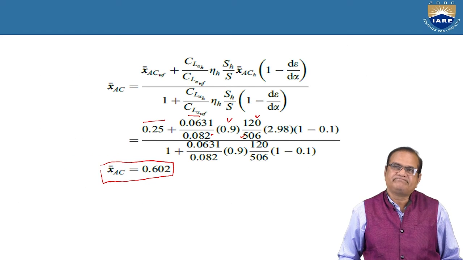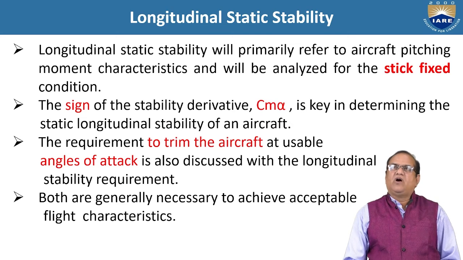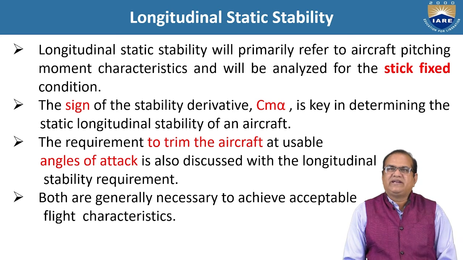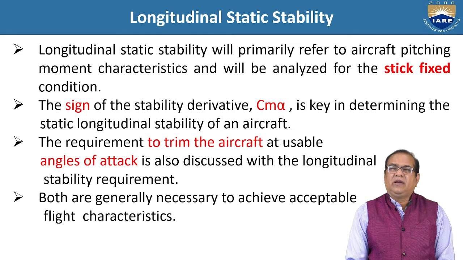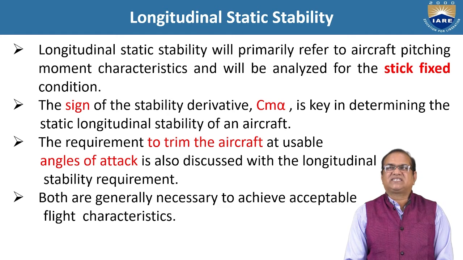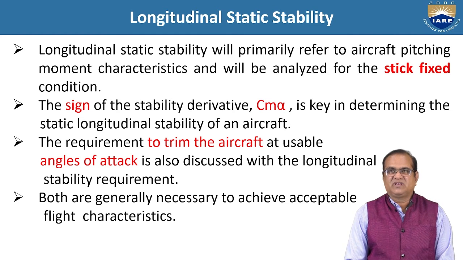Now I am going to go ahead with some other parameters of longitudinal static stability. Longitudinal static stability will primarily refer to aircraft pitching moment characteristics and will be analyzed for the stick fixed condition.